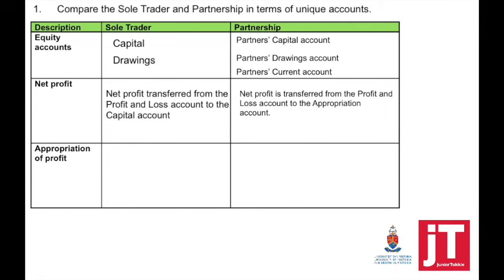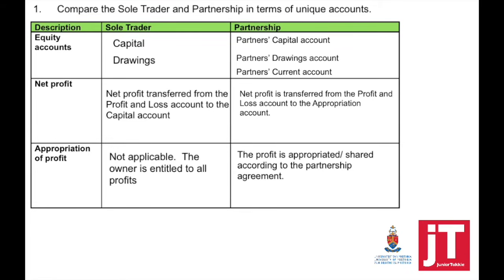But in a partnership, our net profit goes to the appropriation account to show how we are going to distribute the profits. The appropriation of profits is not applicable to a sole trader because the owner is entitled to all the profits. But in a partnership, it must be shared according to the partnership agreement.